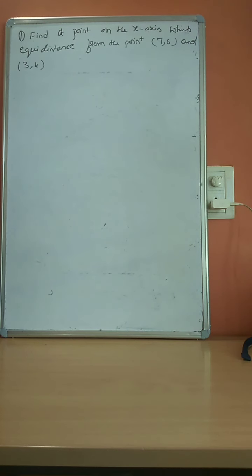Okay. See, he is asking find a point on the x-axis which is equidistant from the points 7, 6, 3, 4.